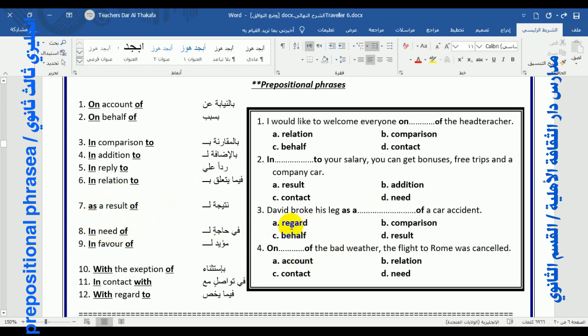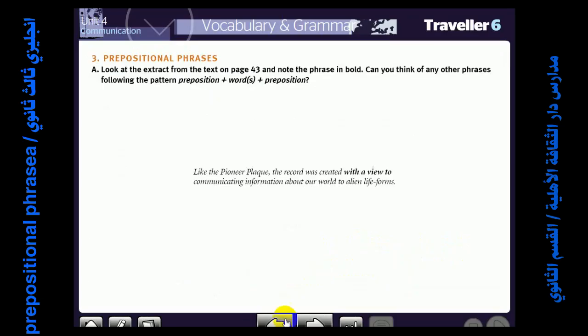So as a: regard, comparison, behalf, or result. The last one: on account of the bad weather, بسبب الجو, the flight to Rome was cancelled. Okay, that's very important here.